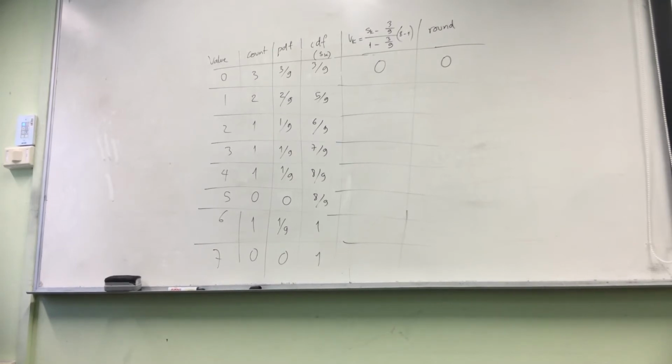Okay. 5 over 9 minus 3 over 9, over 1 minus 3 over 9. It can't be like this one.